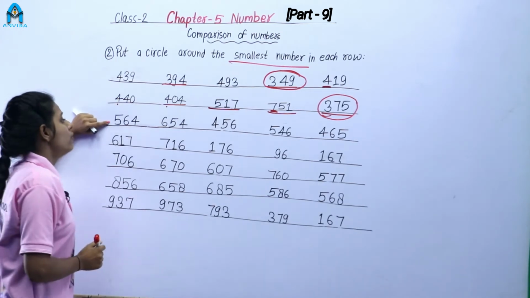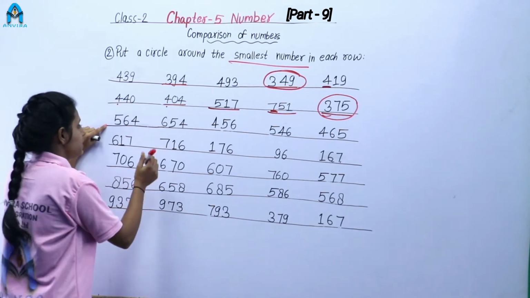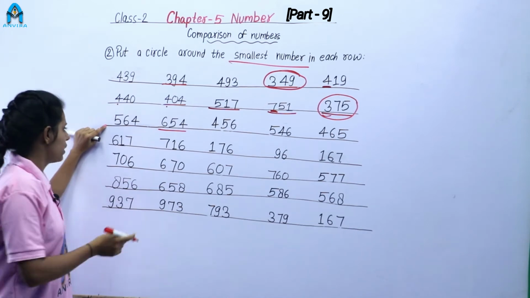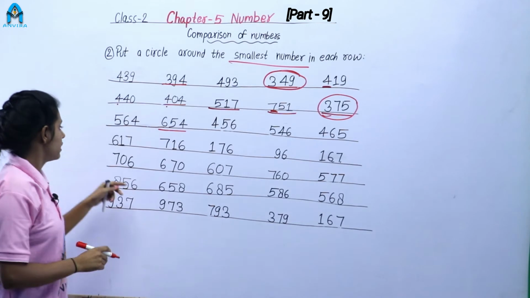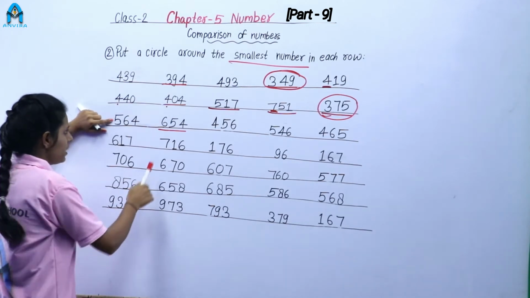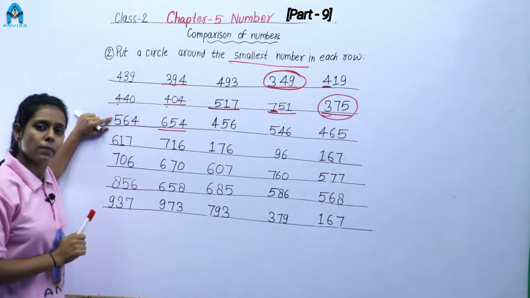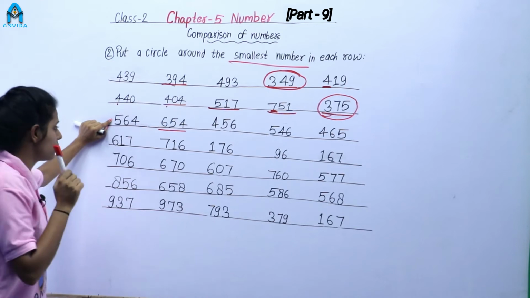This is 564. Next number is 654. Let's compare them. So which is smallest? Here is 5 and here is 6. So which is smallest? Yes, 564 is smallest.